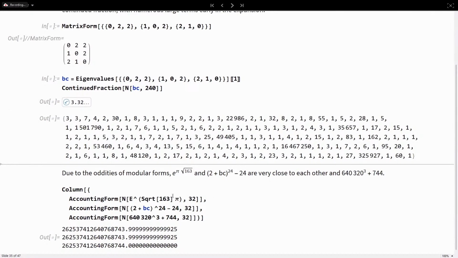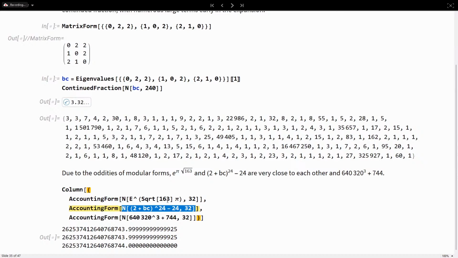And a little bit more experimentation showed it was related to the Riemann number, e to the pi times the square root of 163, which is this value here, which is very close to the cube of this number plus 744.